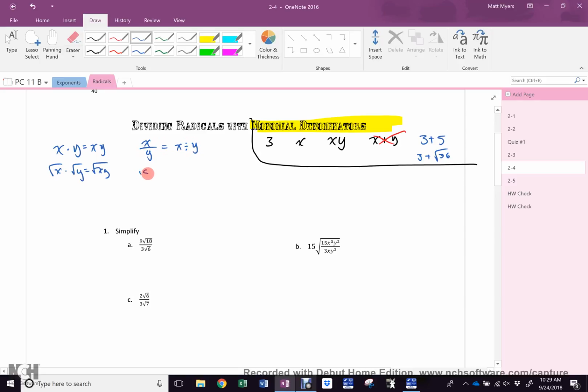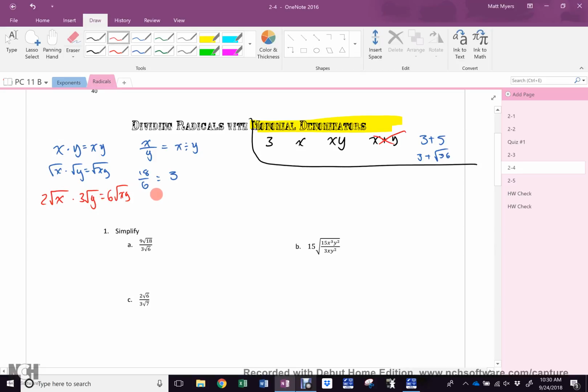So what is 18 over 6? 3. So what then, following along in our rules, what would 2 root x times 3 root y be? 6 root xy. Coefficients with coefficients, radicals with radicals.